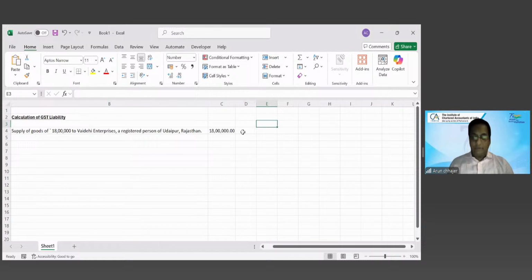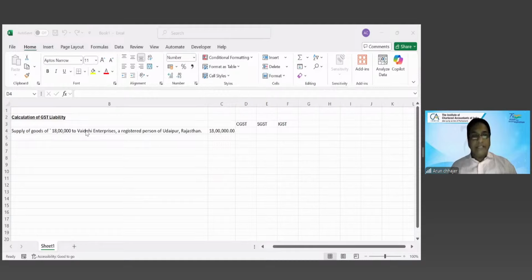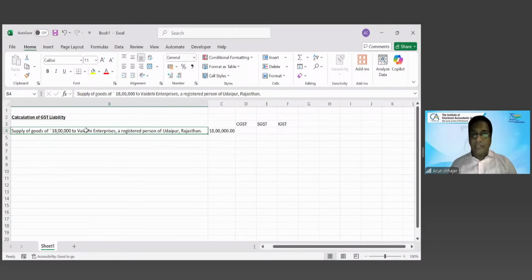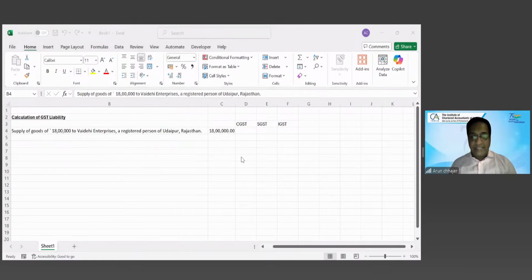It will be IGST, CGST, SGST. So it is an intra-state supply because the supplier is also located in Rajasthan, and therefore the tax would be CGST and SGST.